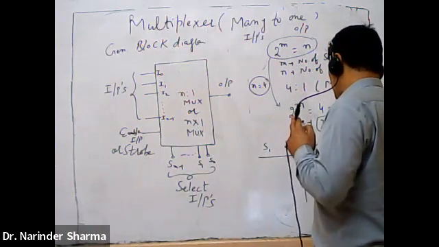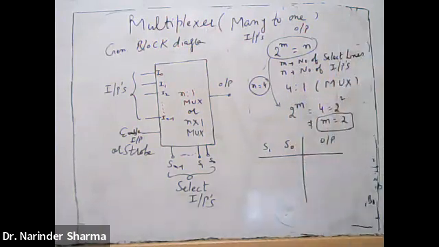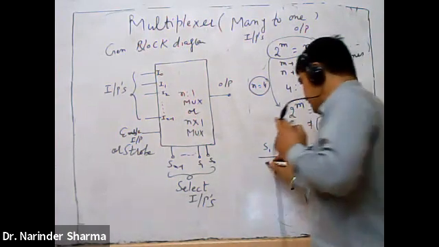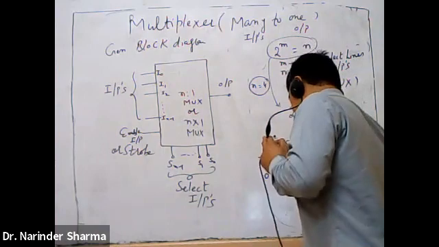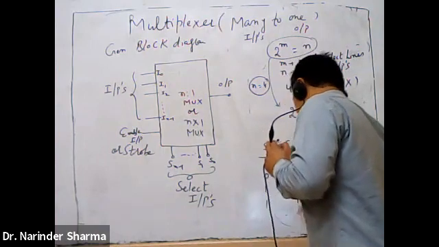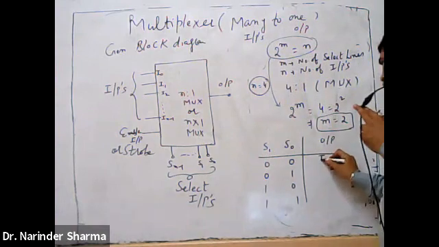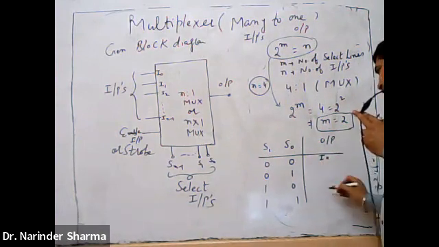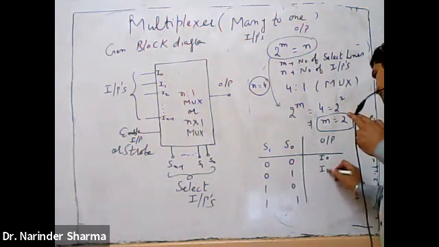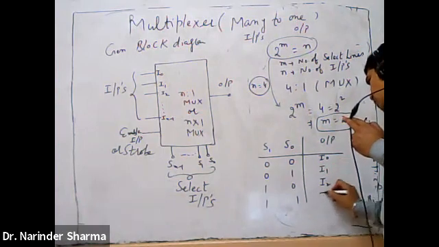This would be your output. Here 0, 0, 0, 1, 1, 0, 1, 1. When both the select lines are 0, at the output there would be I0. When the select lines are 0, 1, I1, and so on for I2, I3.